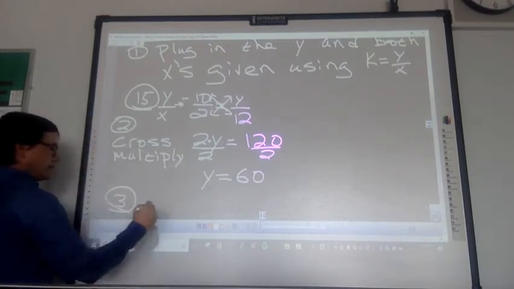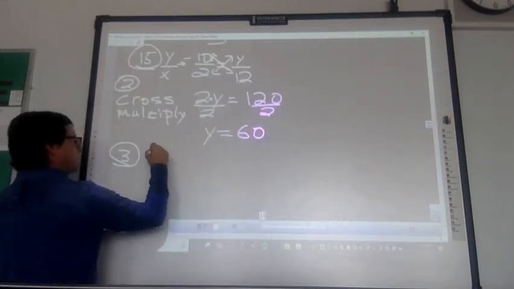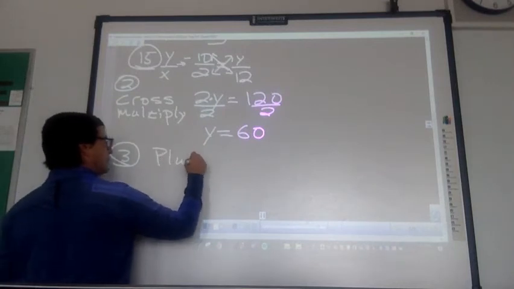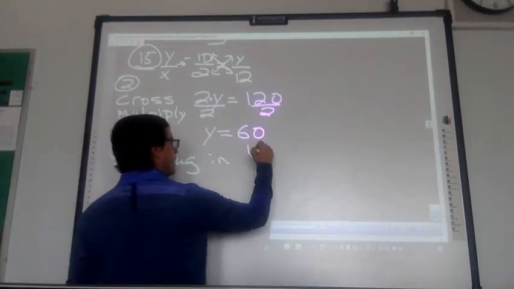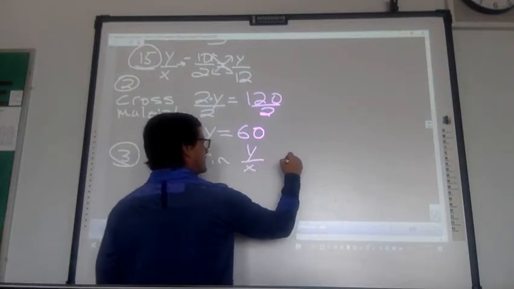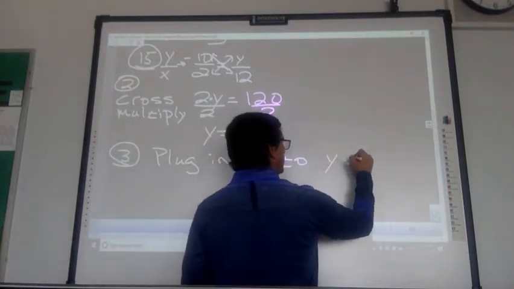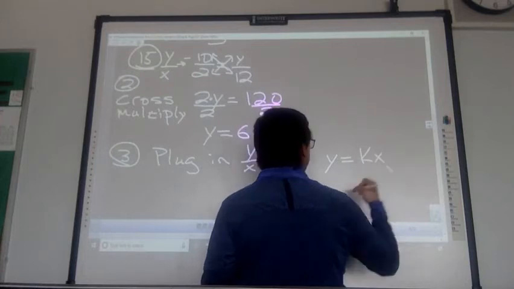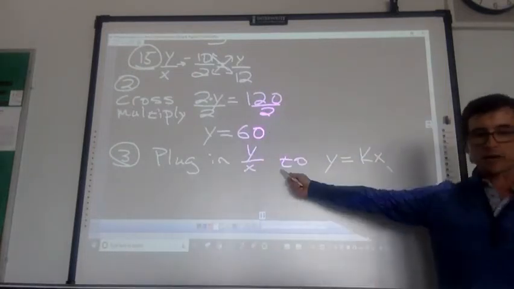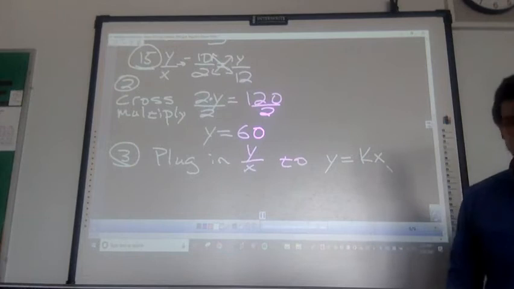Step 3 would be plug in y over x to y equals kx. So we'll talk about what the heck that means after you're done writing it down.